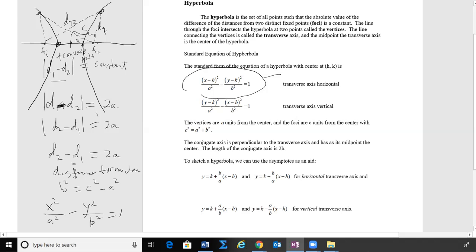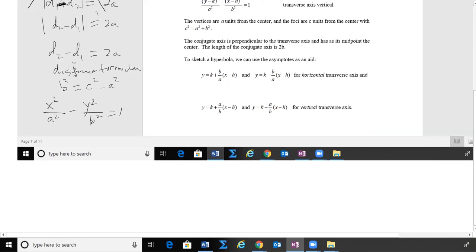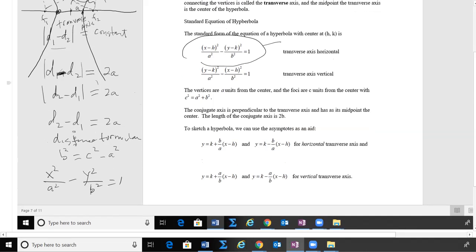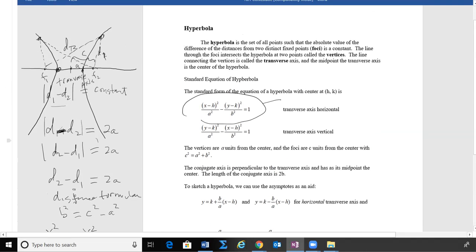So now, before we get started on an example, I just wanted to say something else about this one. There's a relationship that we're going to use to help us draw these things.